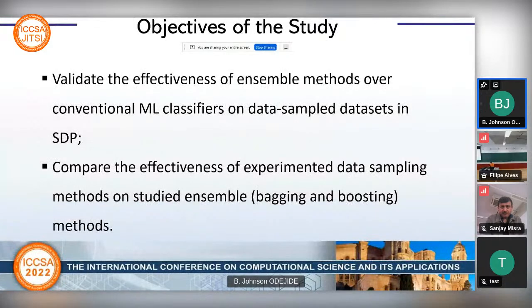So the objective of this study is to validate the effectiveness of ensemble methods over conventional machine learning classifiers on sampled data sets in software defect prediction. The other objective was to compare the effectiveness of the experimental data sampling methods on the studied ensembles. For this study, we used two ensemble methods, bagging and boosting.